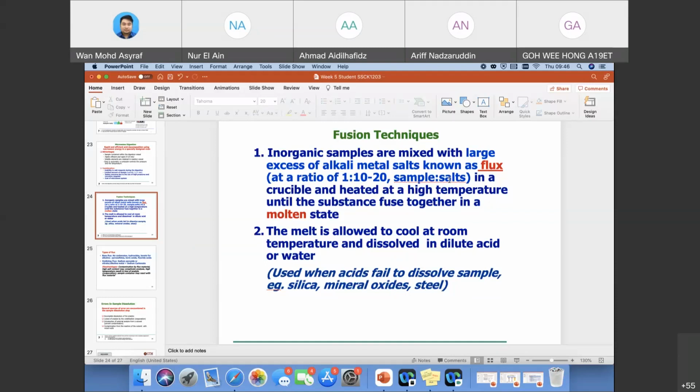So basically that is what a molten state looks like. The molten state is allowed to cool at room temperature, and after that you dissolve it with dilute acid or water. That is how you look at the fusion technique.